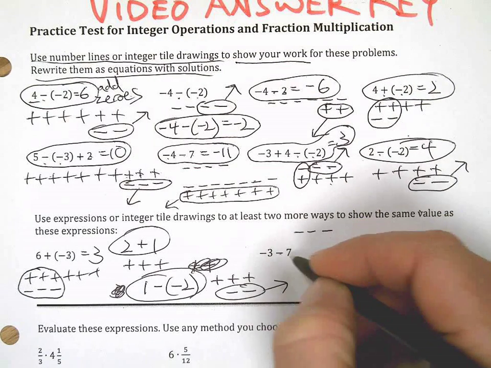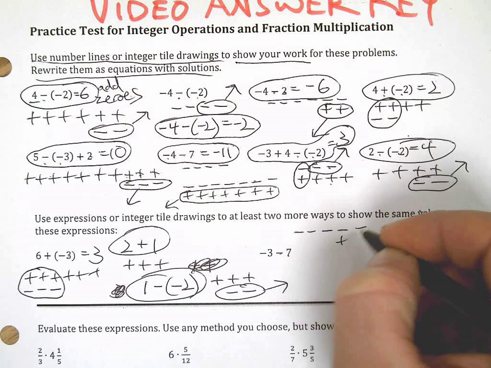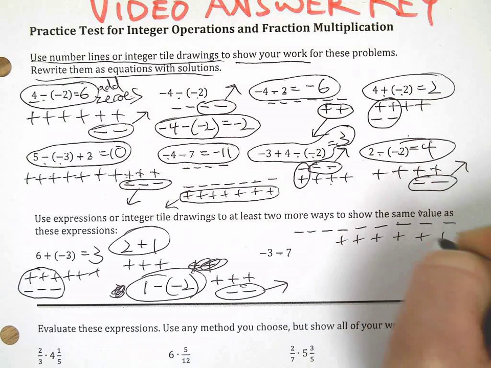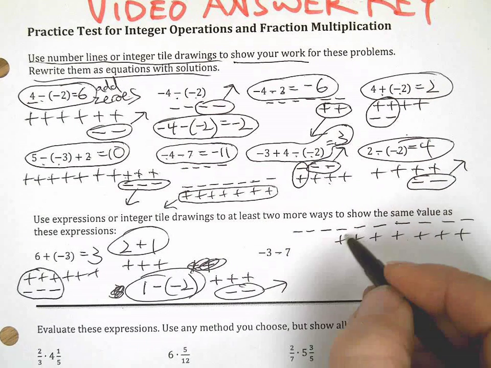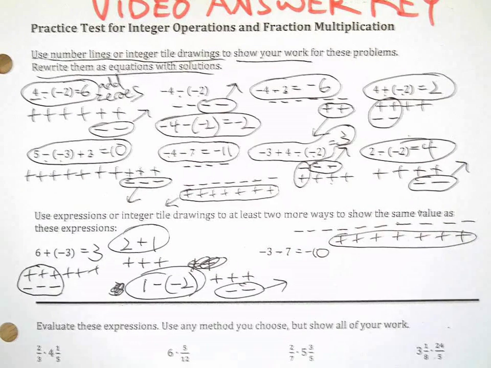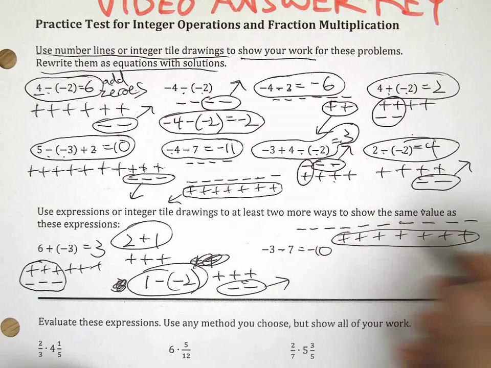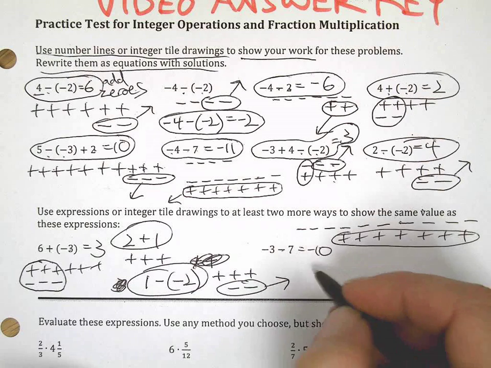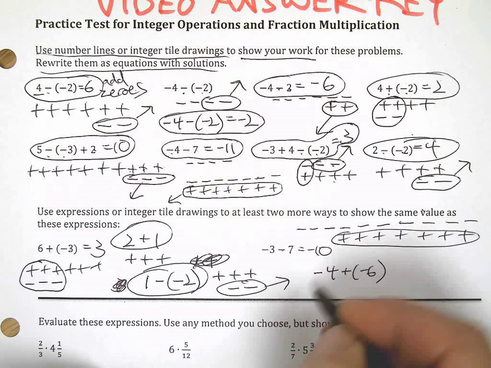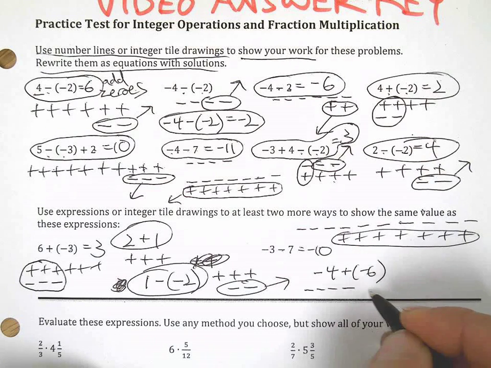-3, take away +7, 4, 5, 6, 7. Take those away. What do I get? -10. I need to find more ways to find -10. We'll do one easy one and one kind of tricky one. How about -4 plus -6? Right? There's 4.